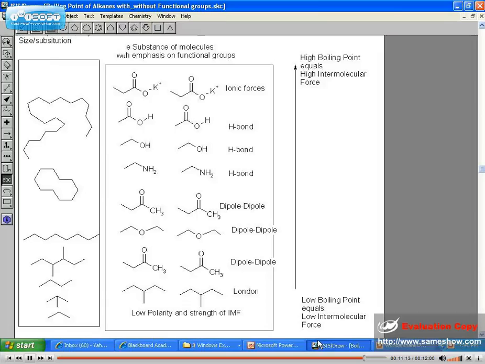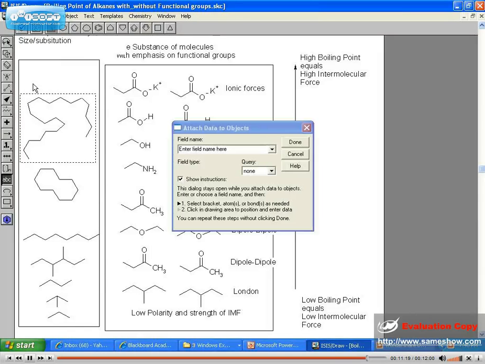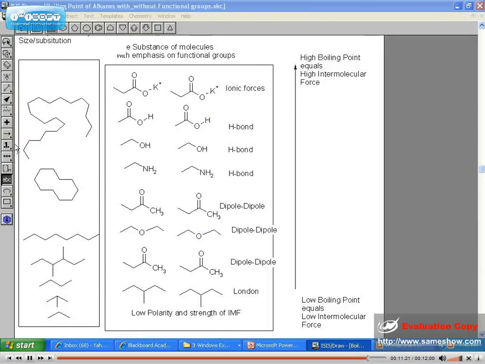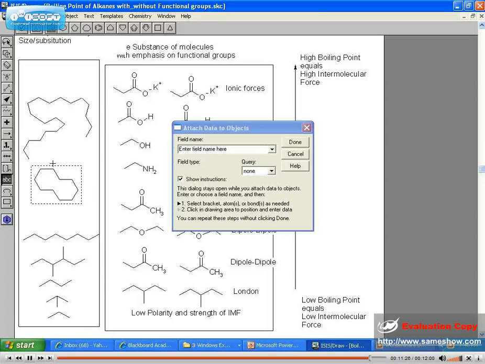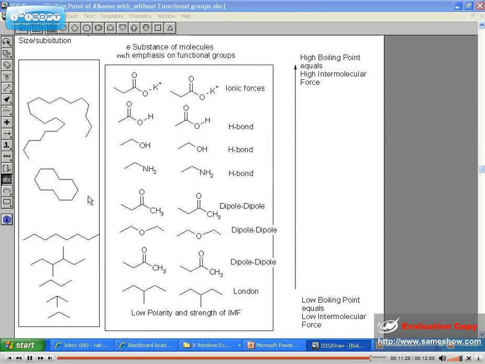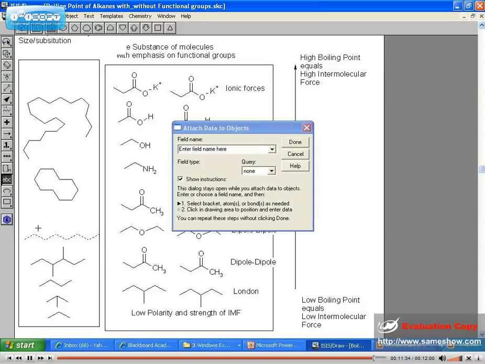Going back to the slide, here we see a very, very large molecule, so it has a higher intermolecular force. Here we see a cycloalkane, still really large, so second. Therefore, these are the ranking of the boiling points. As we keep going down, smaller molecules, lower boiling point.